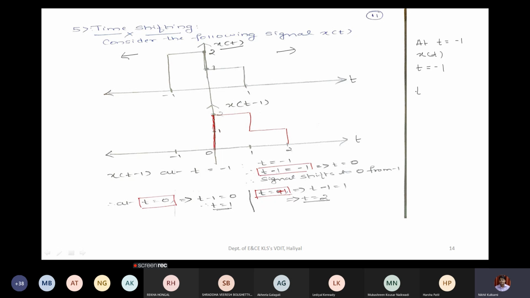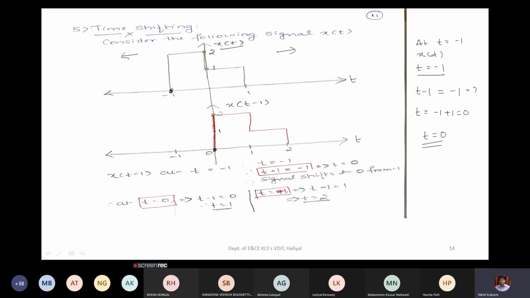What we are interested in is t minus 1. At t minus 1 equal to -1, what will be the value? The value changes as -1 plus 1 equal to 0. That is, the value at t equal to -1 in x of t will be shifted to t equal to 0. So this wave which was starting at -1 will now start at 0.